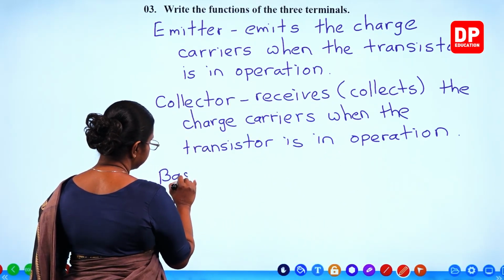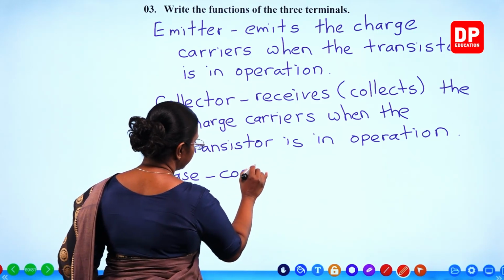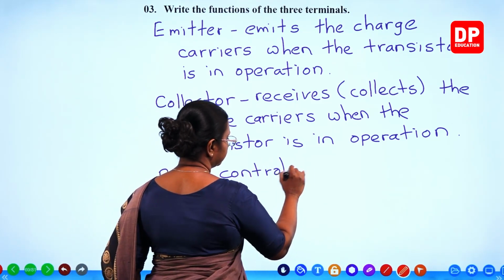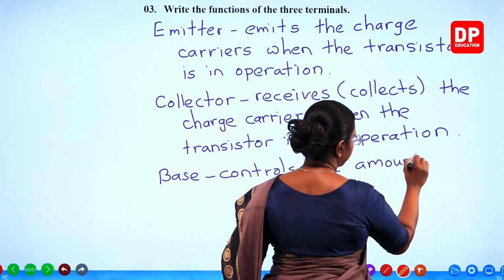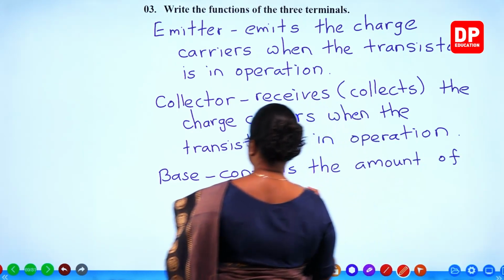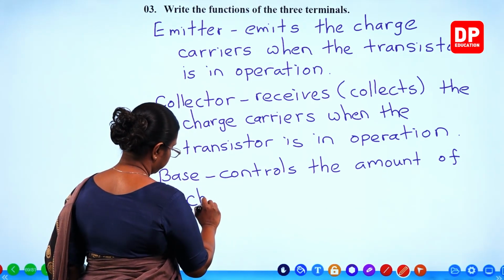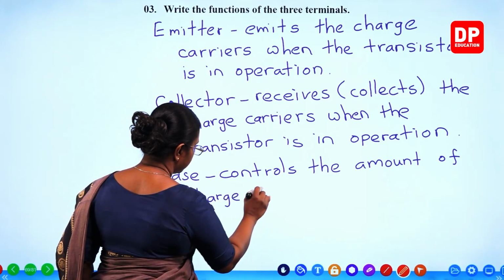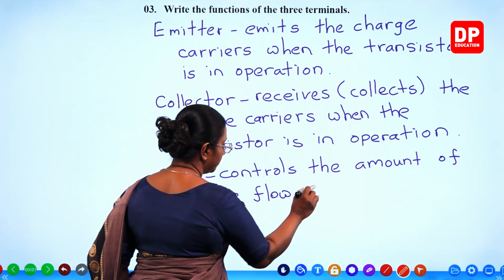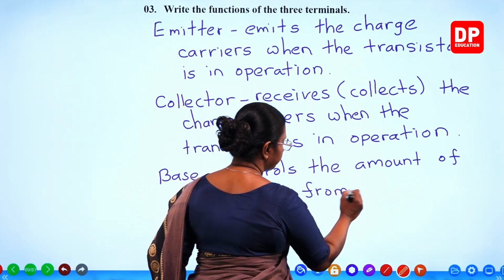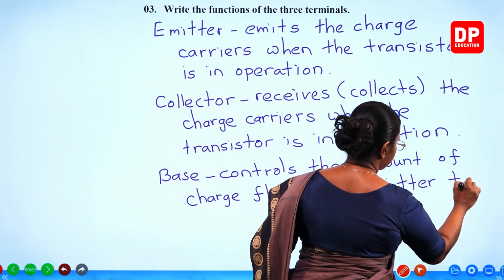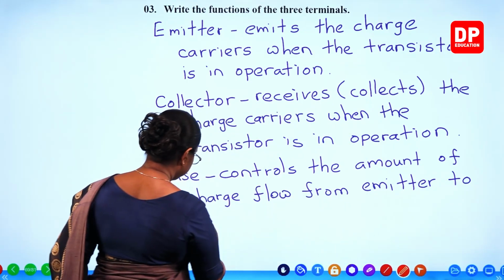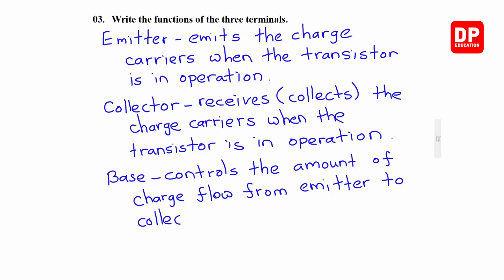And the base controls the amount of charge flow from emitter to collector.